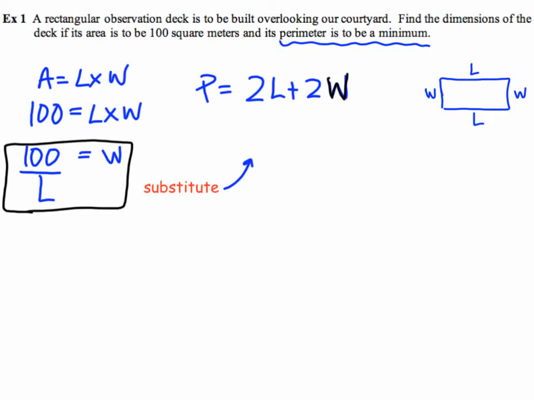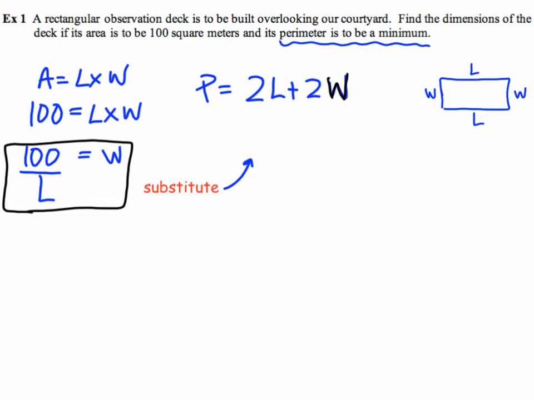We need to change the area formula so that we use one variable. So W equals 100 divided by L. I chose to solve for W. And then I substitute what W equals into the perimeter formula of 2L plus 2W.